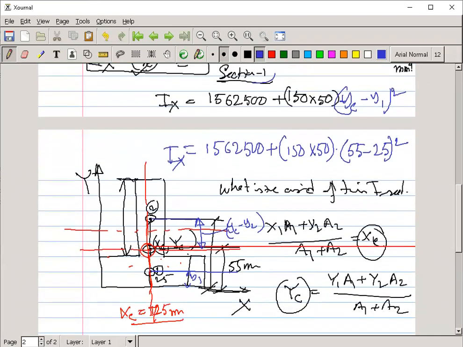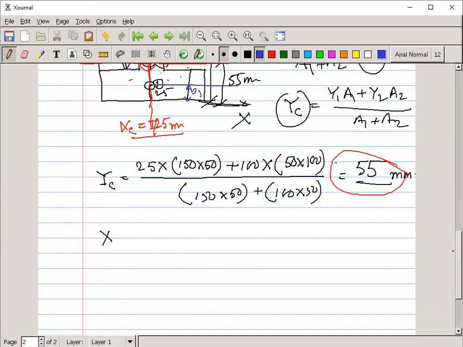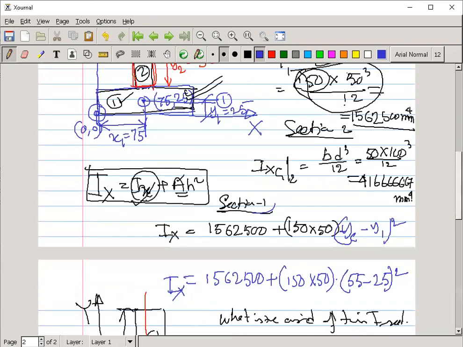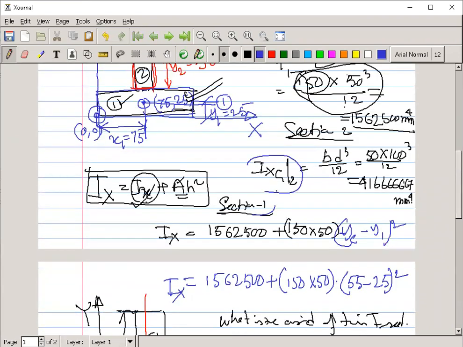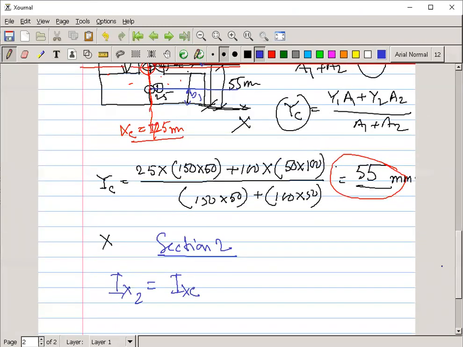Yes, sir. Okay. And similarly, we have to do the same thing for section 2. Now I of x for section 2, that is I of x about its own centroid, you have already found out.